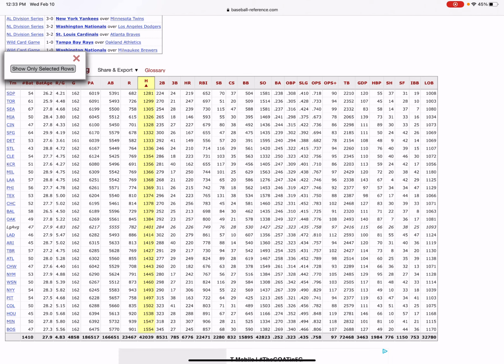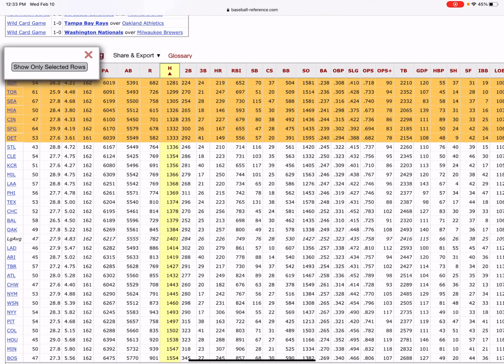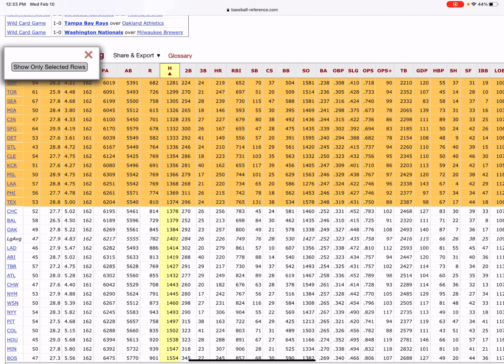Now there are 30 values altogether. 30 values. Ignoring the league average, which actually is the mean. So what we do is we just go 1, 2, 3, 4, 5, 6, 7, 8, 9, 10, 11, 12, 13, 14, 15. So I guess the 15th value is 1378 and the 16th value is 1379.